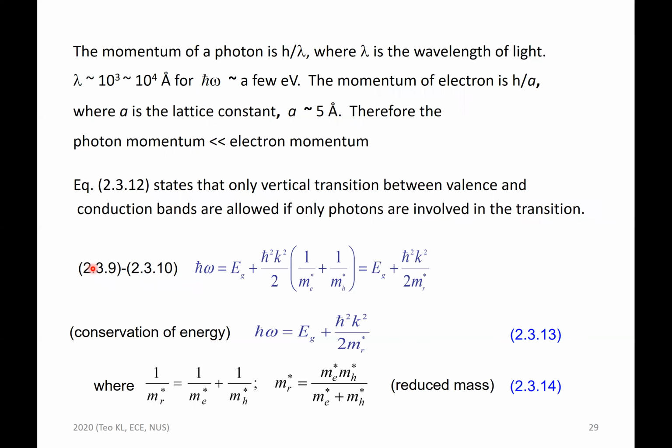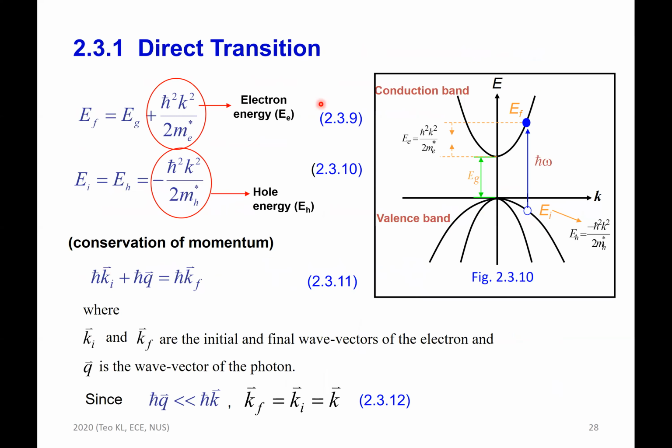Now, if we take equation 2.3.9 minus equation 2.3.10, which is this equation minus this equation, you will have Ef minus Ei, and then you have this Eg plus h bar squared k squared over 2 me star, minus h bar squared k squared over 2 mh star.